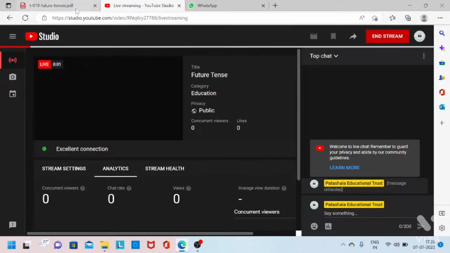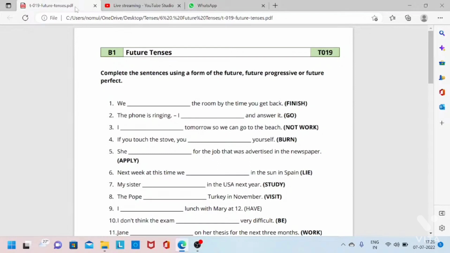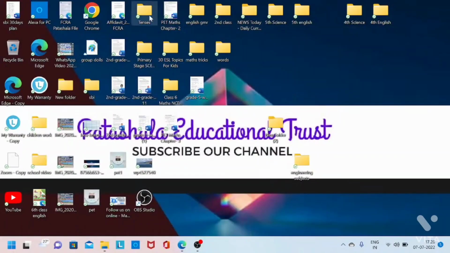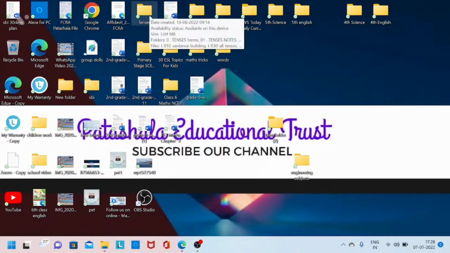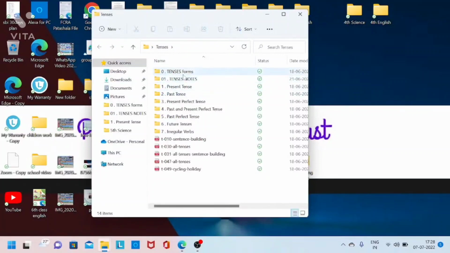So today I am going to deal with future tense and future perfect progressive. Okay, so let us see now. Let us complete the sentence using form of future and future progressive or future perfect. Like for this, let us go for the equation also. Like quickly let us see the equation, like what is the equation. So yeah, I'm opening it.